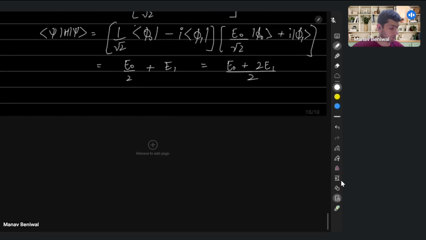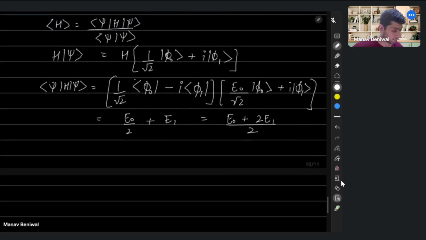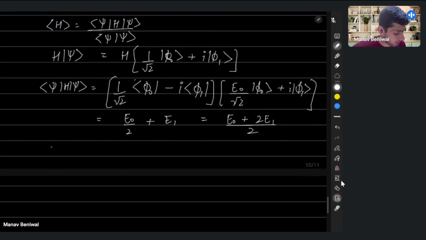Now let us also normalize this thing. Let us compute psi psi. Here you can clearly see that instead of E naught and E1, we will simply get 1 by 2 plus 1, just following the same method. So this will become 3 by 2.